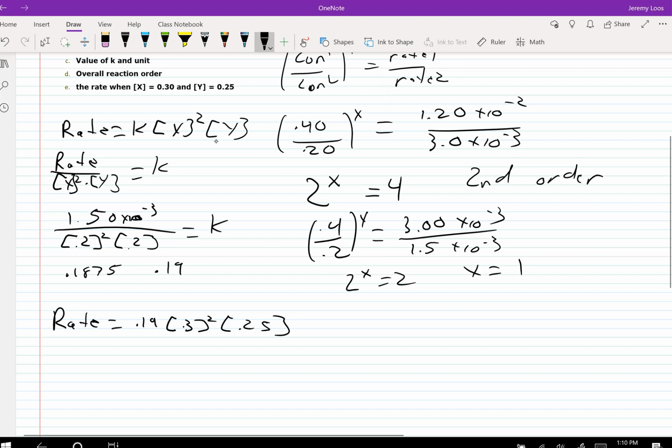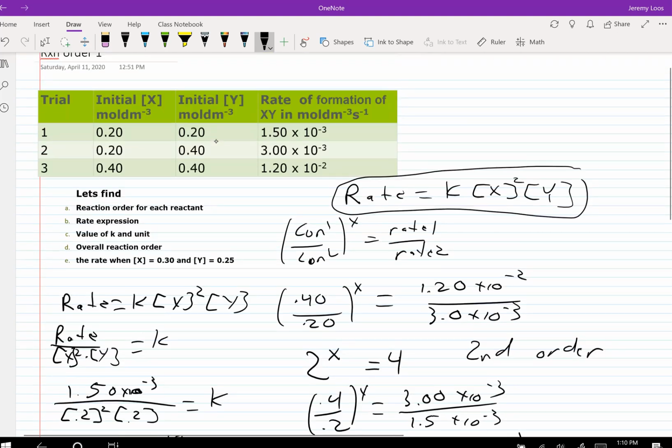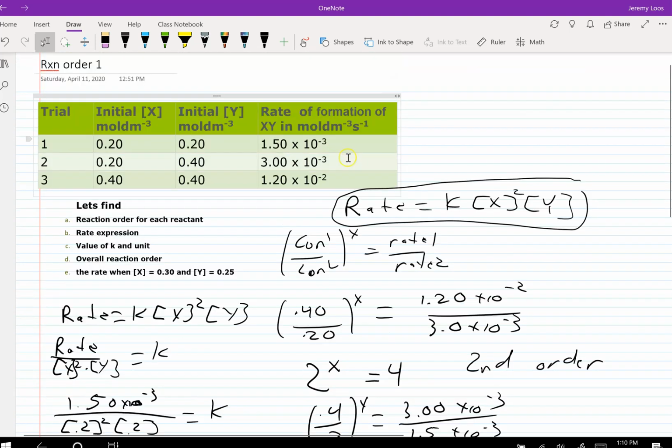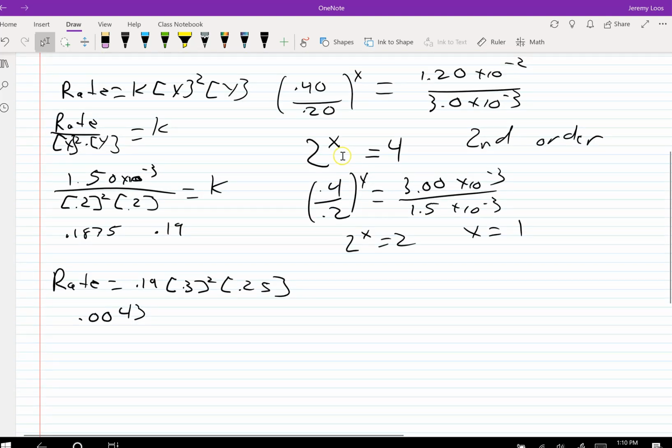So I just need to multiply all 3 of those things together. And I'm going to get, I believe, 0.00, call it 43 for 2 significant figures. Now here we can determine the unit. It's going to be the same as the rate given here, which is mole per cubic decimeter per second.